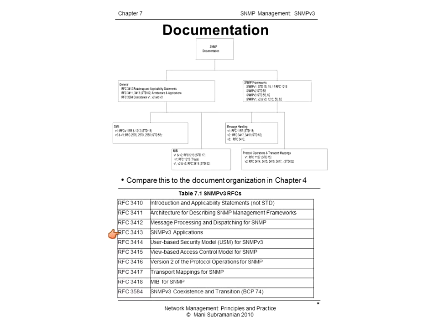Next we have RFC 3413. It defines 5 types of SNMP applications. The first one is command generators. Then we have command responders, notification originators, notification receivers, and proxy forwarders.